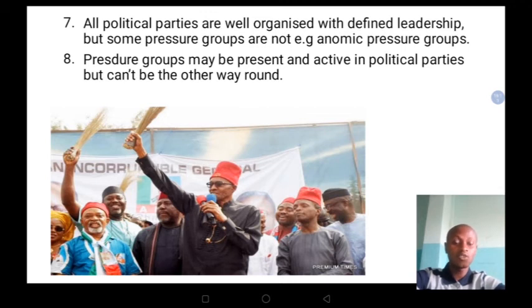They are non-partisan because they don't contest election, but they can support a political party that they believe, if it wins election, is going to protect their cause. They can engage in electioneering campaign, canvass and mobilize people to support a particular political party that they believe will protect their interests. But we don't have political parties being active in pressure groups.